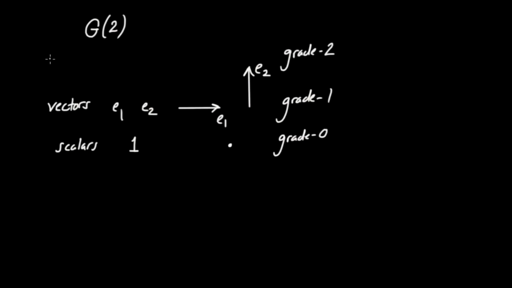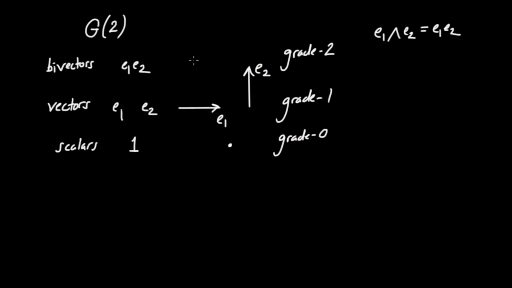And what were these? These were the bivectors. How did I motivate the bivectors? We were considering the wedge product between E1 and E2. That is E1 wedge E2, which we later found to be just equal to the geometric product E1 times E2. So let me write that there, E1 E2.